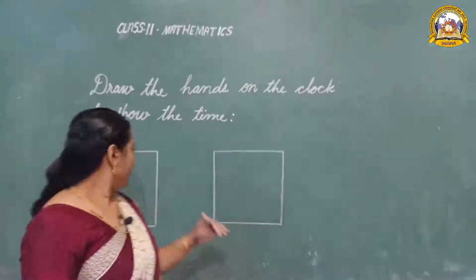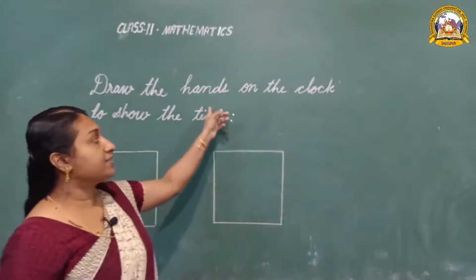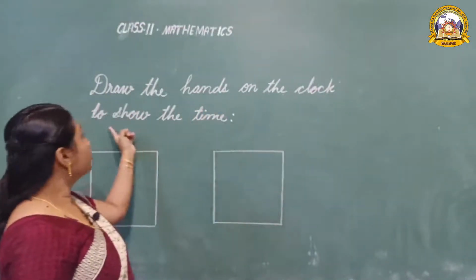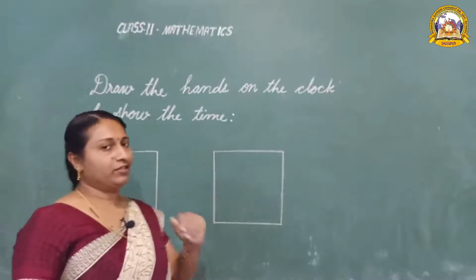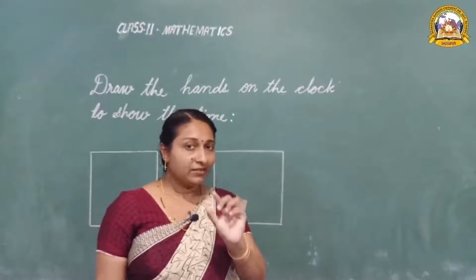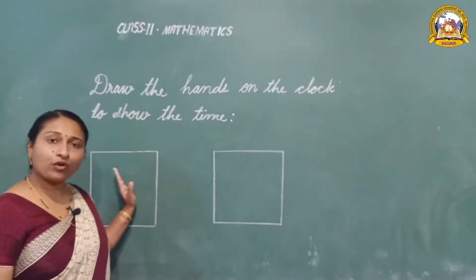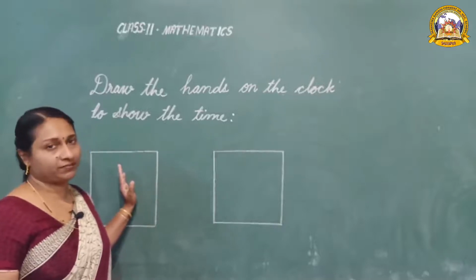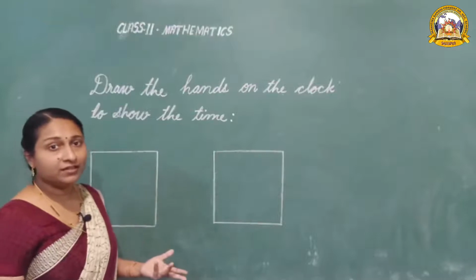Okay. Our next exercise is to draw the hands on the clock to show the time. Before that, I shall teach you one thing, how to give the numbers on the clock. All of you have seen clocks. Am I correct?